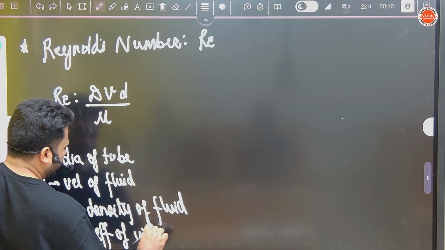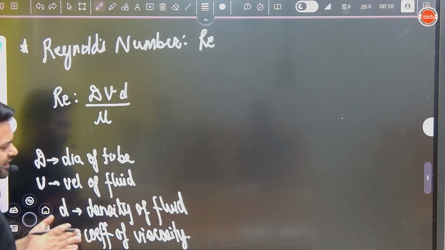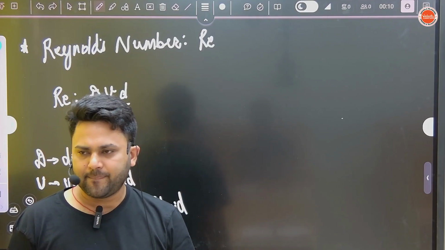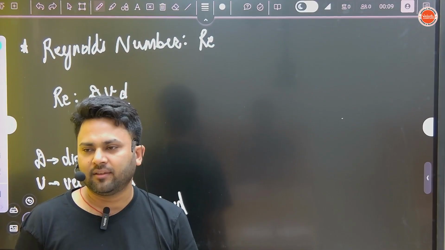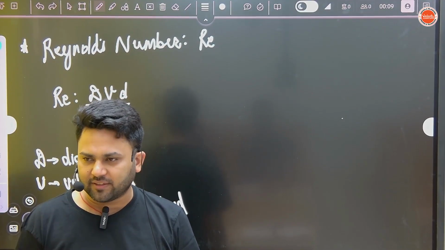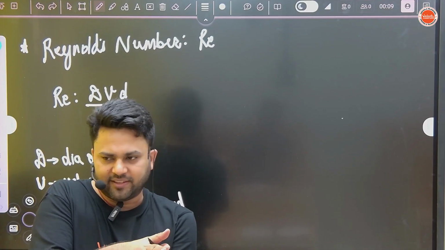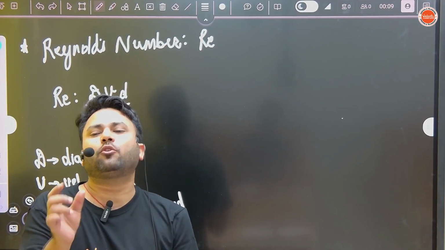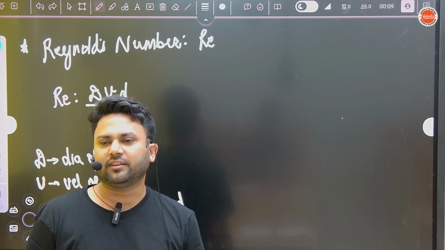What is the coefficient of viscosity? Like in solids, if two objects are having relative motion, they have friction. And what is the maximum value of friction? Mu times N, where mu is the coefficient of friction. Similarly, when liquids are flowing layer by layer, friction is there. So in a liquid or fluid, the friction we call viscosity.